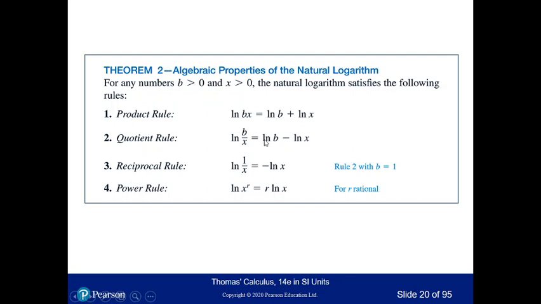You can remember these from your high school. Natural log of b over x is natural log of b minus natural log of x. Natural log of 1 over x is natural log of 1 minus natural log of x, but natural log of 1 is 0, so it's negative ln x. Natural log of x to the r, this is the power rule. You take the power to the front of the natural log, r times ln x, okay?